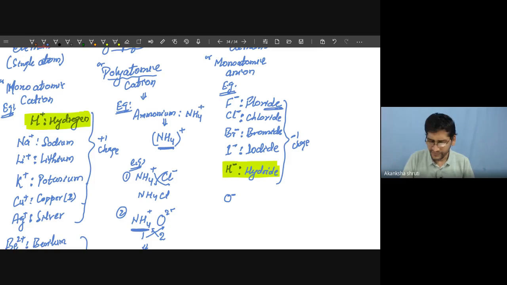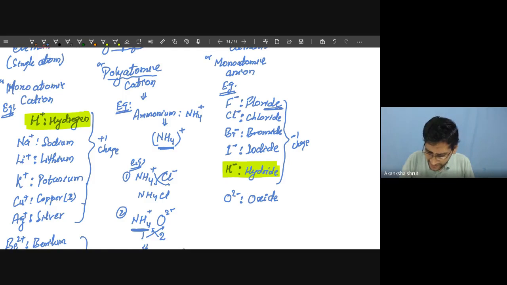Which kind of ion is formed by oxygen? O2 minus. Very good. Oxygen always exists as O2 minus, or oxygen forms O2 minus in reactions. It is called oxide. From oxygen, it is forming the oxide.